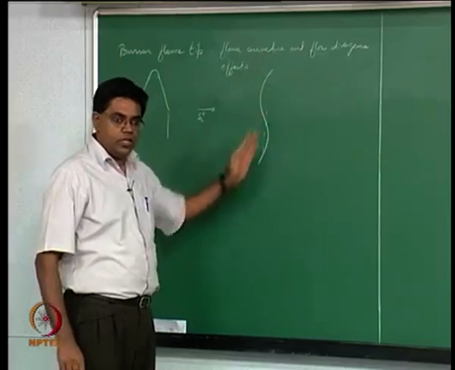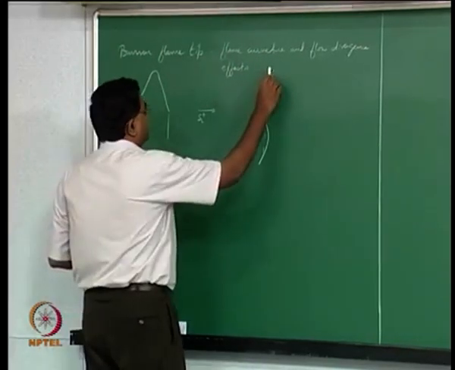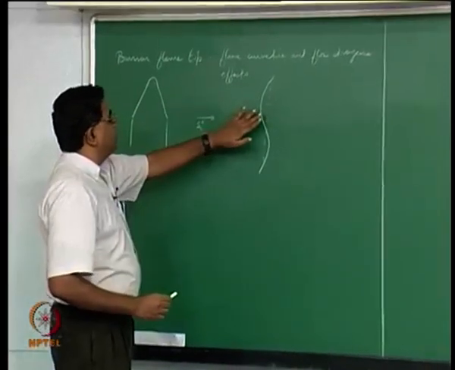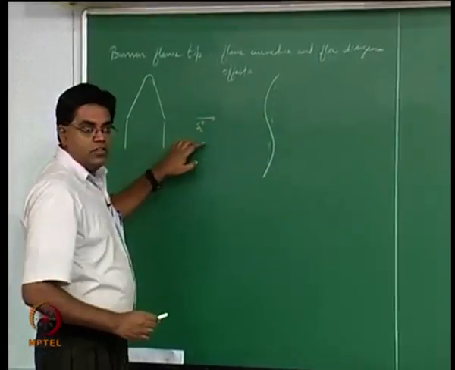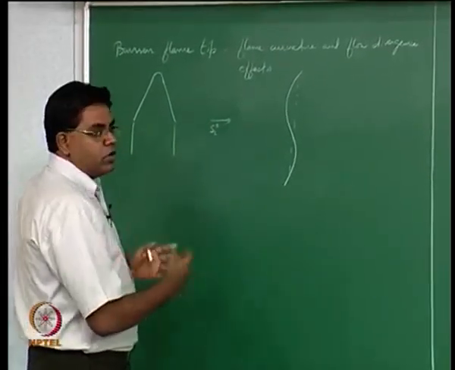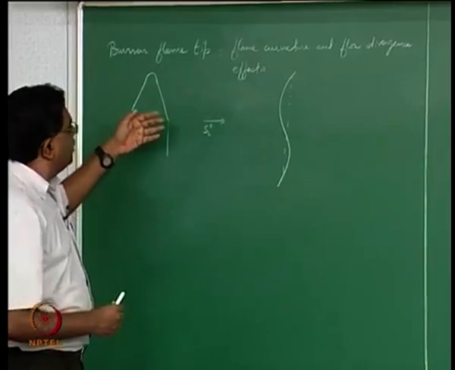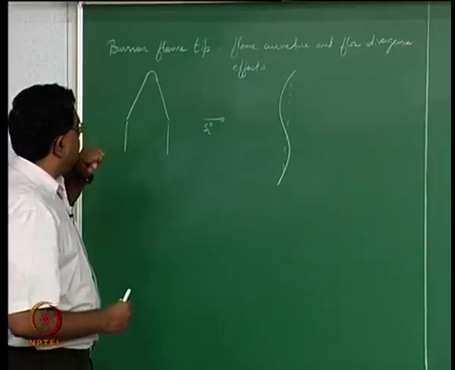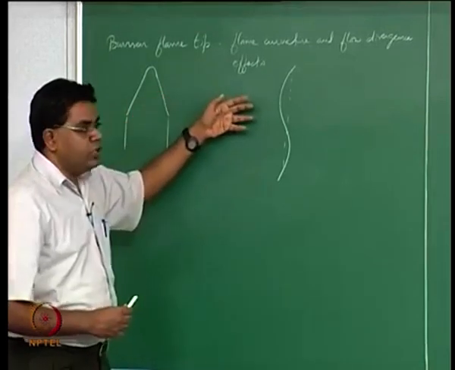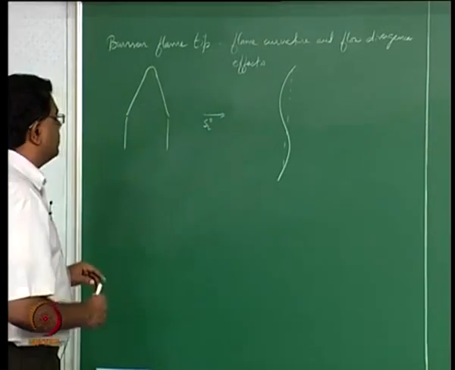So if you begin to think about a nominally plane flame that is propagating with a flame velocity SL superscript naught, which means in a flame fixed coordinate system you have your unburnt reactants coming into the flame at SL superscript naught.